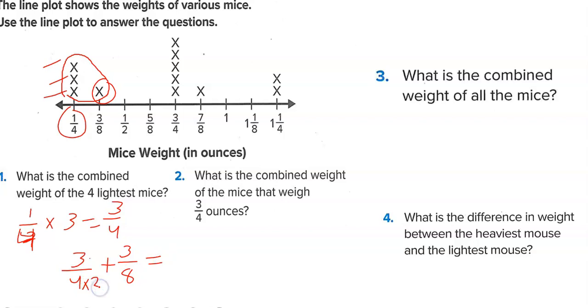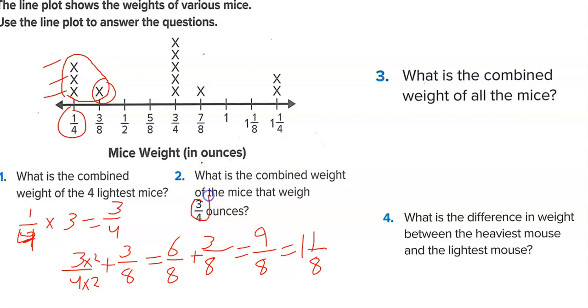So here I multiply by 2, and it will be 6/8 plus 3/8. When you add them, they are 9/8. You can write it as a mixed number or simplify. 9 divided by 8 is 1 whole, and the remainder is 1/8.